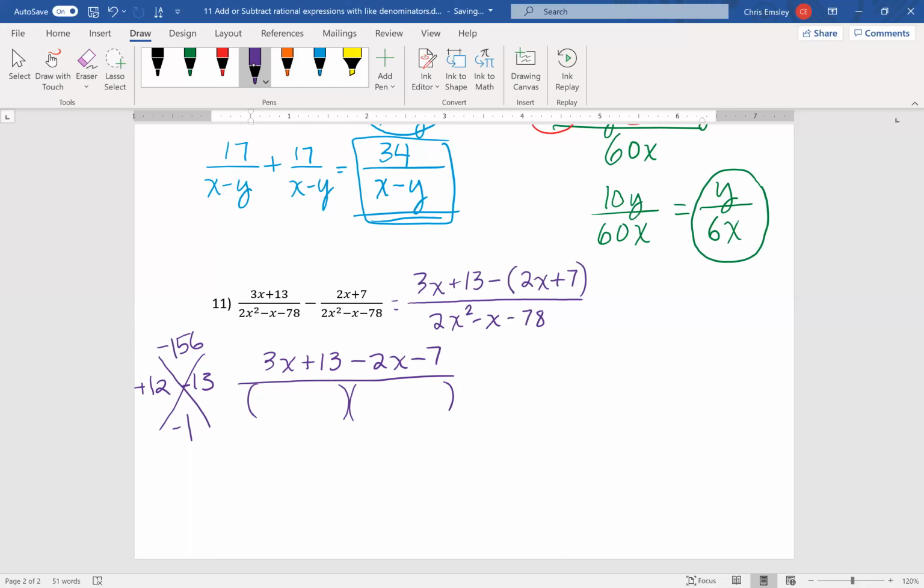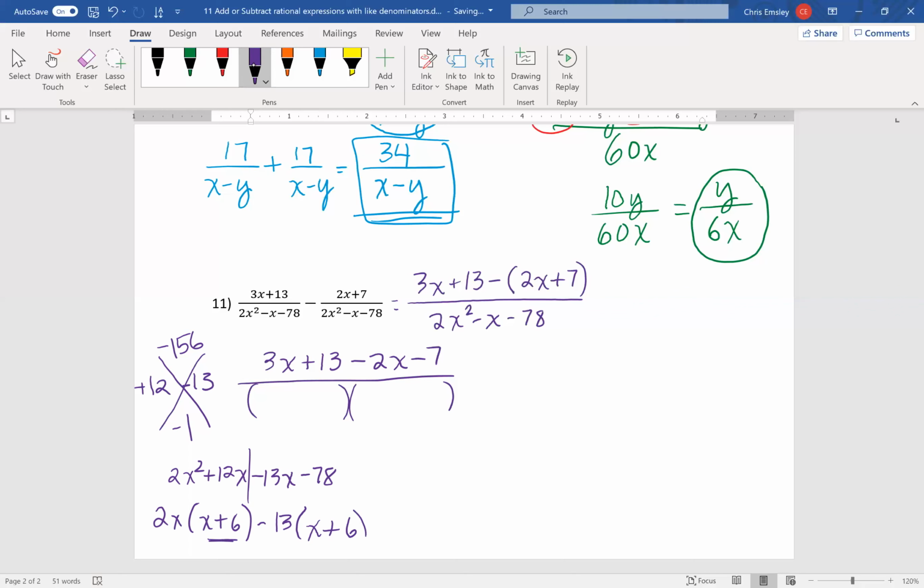So I'm just going to write it down here. 2x squared plus 12x minus 13x minus 78. Factor by grouping. Negative 78 divided by negative 13 is positive 6.